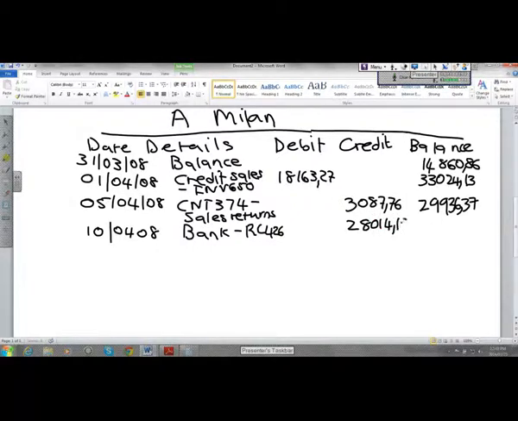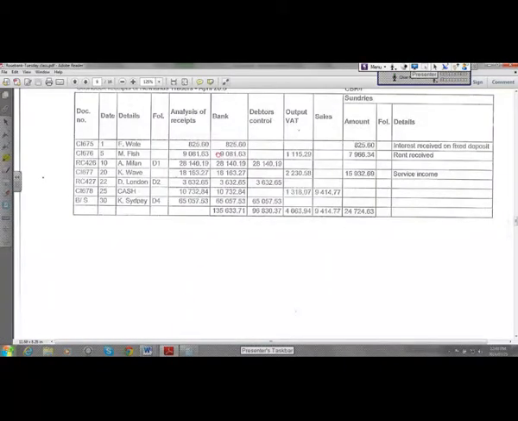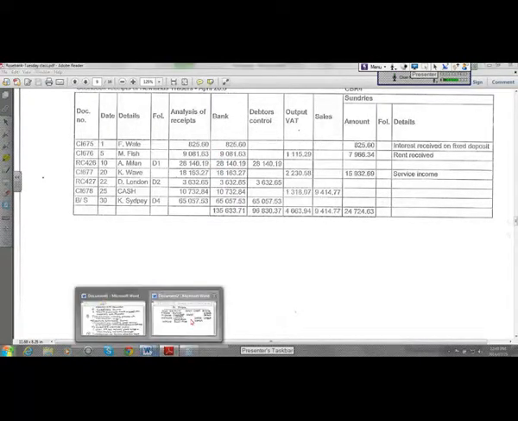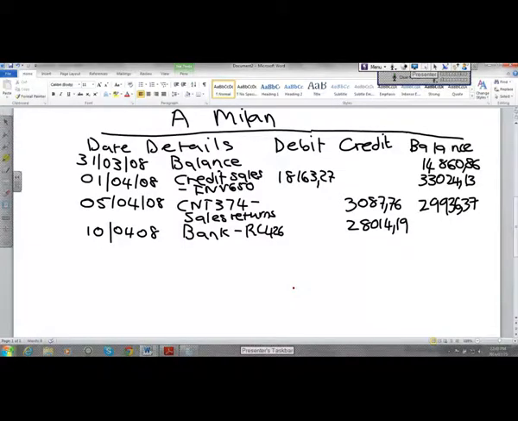Okay, so we obviously put it on credit because it's going to reduce. Then it means we must reduce the balance again, okay, and update it.